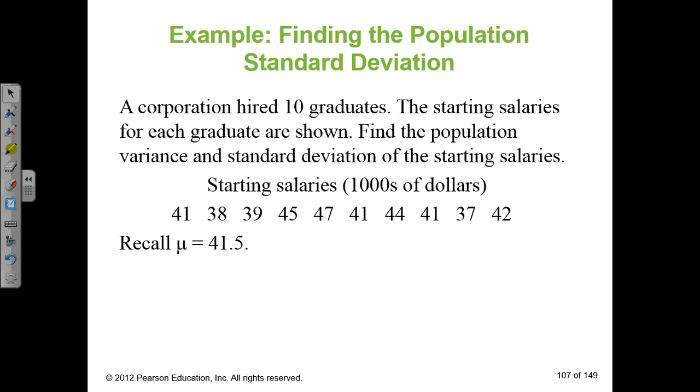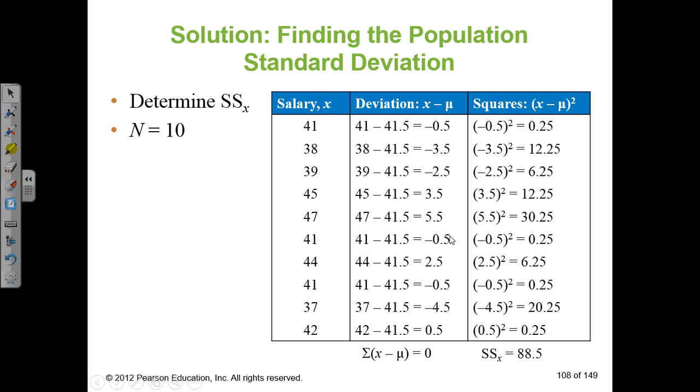Let's go back to our example and recall that the population mean was 41.5. And so here were the deviations we had. Now we have squared each of these deviations. We took this number and squared it, this number and squared it, and we get the squares. Now we're going to sum the squares and get 88.5.